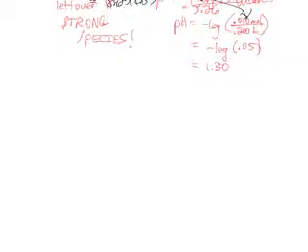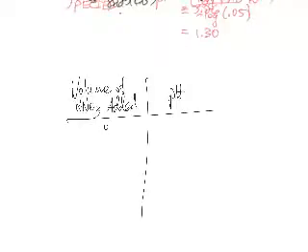So there was a lot of calculation in this problem. Let's summarize. If we consider the volume of nitric acid added and the pH that we arrived at: 0 milliliters of the strong acid, we had a pH of 10.74.